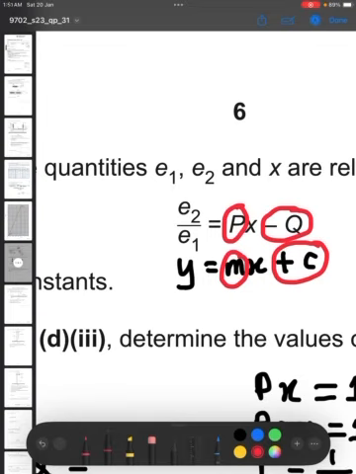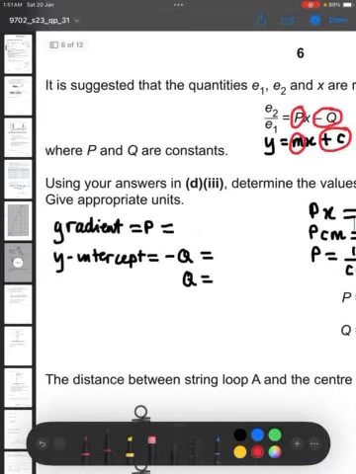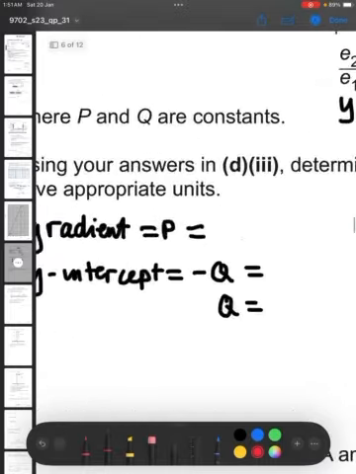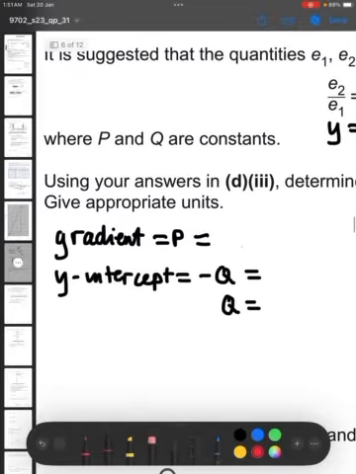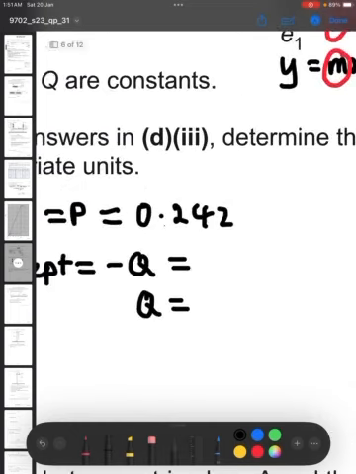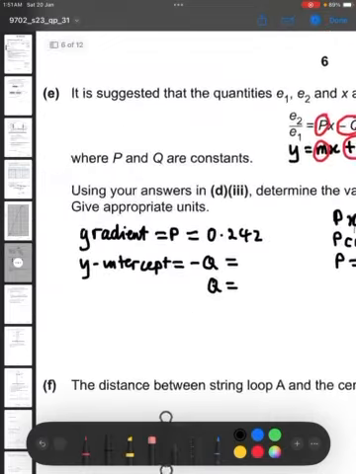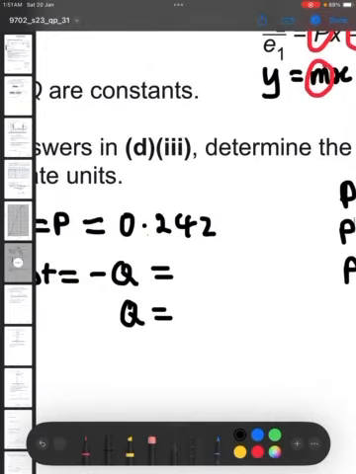And who is c? c is the y-intercept of that graph. We have found the gradient of the graph as 0.242. We also found the y-intercept as, remember it's minus Q, equal to minus 12.9.